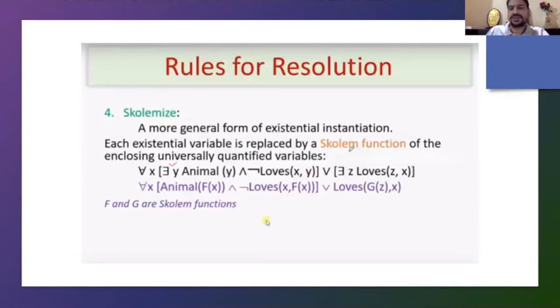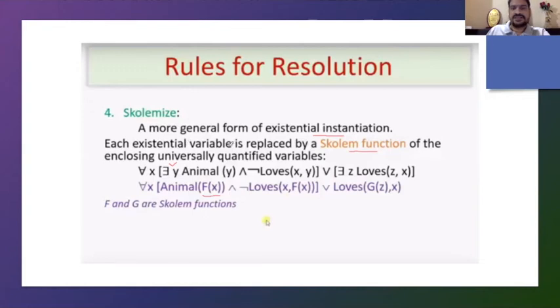We do not just use a Skolem constant, instead we use a Skolem function. We have seen the existential instantiation method we used earlier, in which for eliminating the existential quantifier, instead of a variable we use some constant. Here, to remove the existential quantifier, instead of a variable we'll use some Skolem function. So that Skolemization we'll use here.